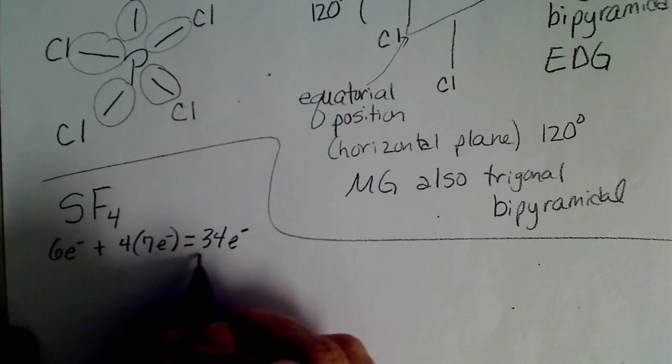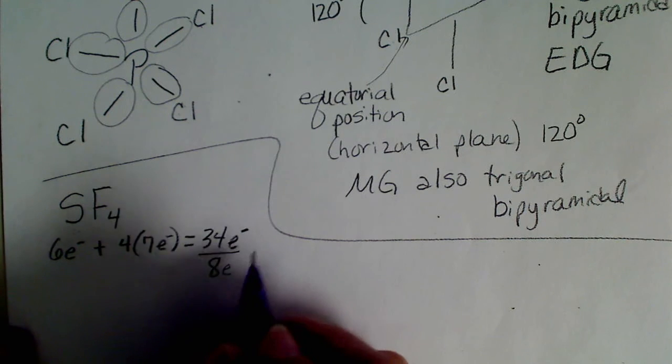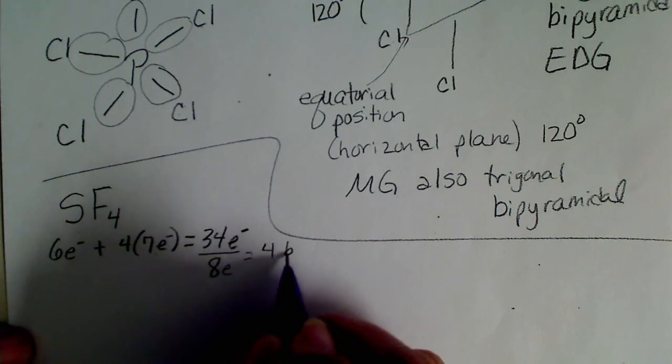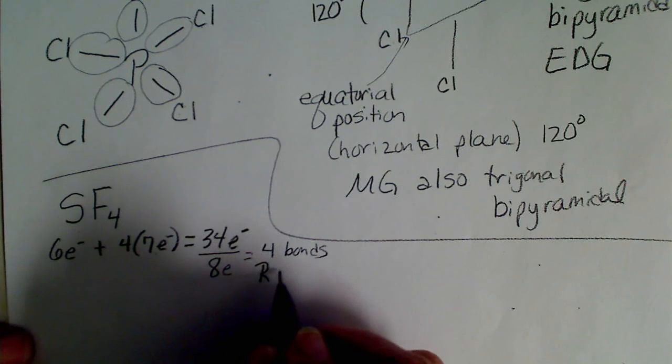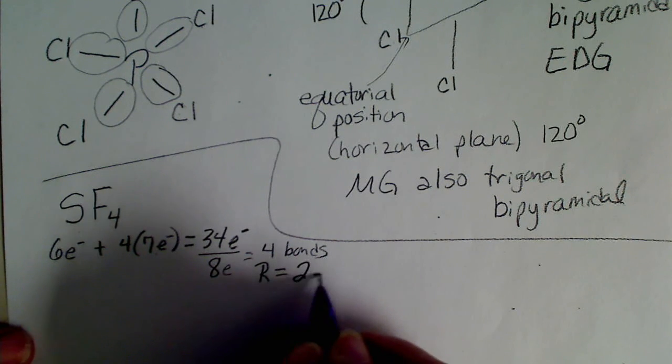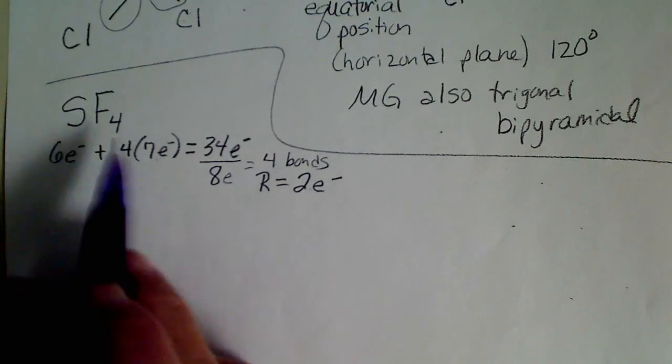So I like the divide by 8 method whenever we don't have hydrogen. If I divide by 8, I get 4 bonds, but the important part of dividing by 8 is the remainder. So the remainder of 2 electrons is going to show up on our sulfur.